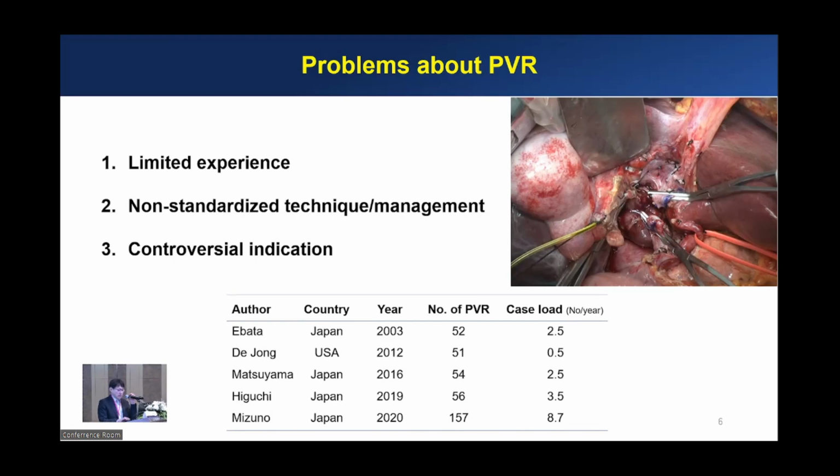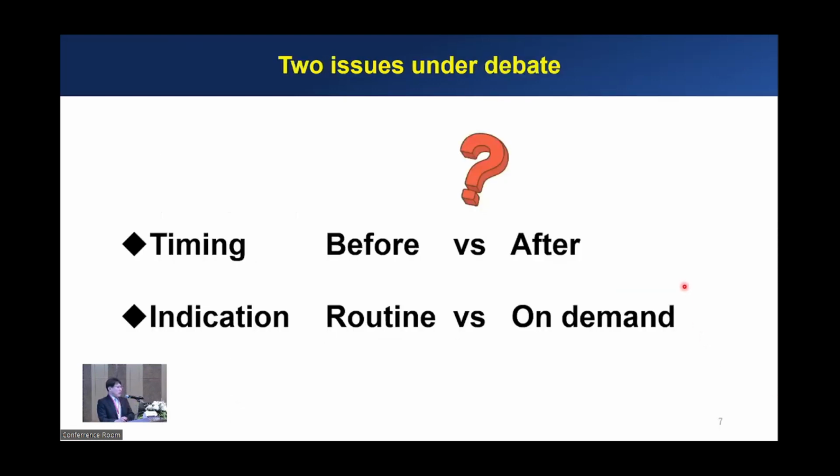But the portal vein resection has two issues which are still under debate. The first is the timing, before hepatectomy or after hepatectomy. And the second is the indication, routine or on demand, if needed.